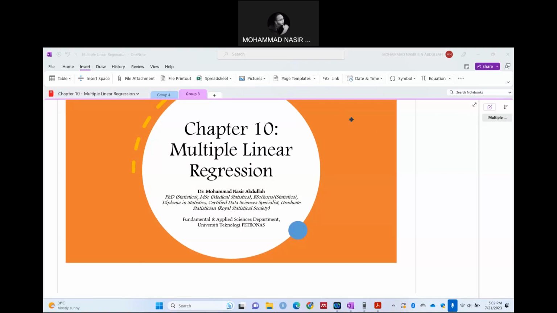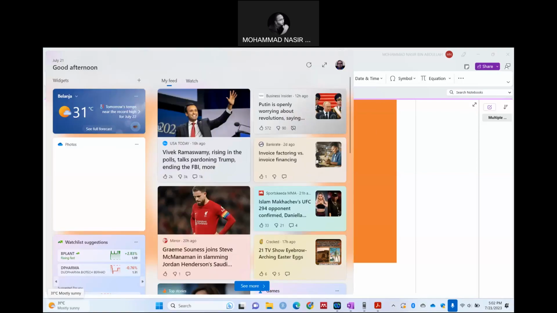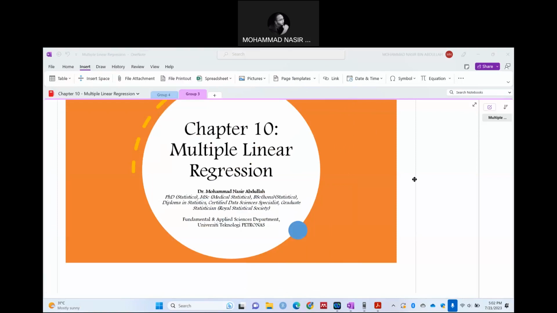Right, Bismillahirrahmanirrahim. Chapter number 10, multiple linear regression. Last class, we looked into simple linear regression. In simple linear regression, the objective is to find the relationship between the dependent variable and the independent variable. So how do we find the relationship?